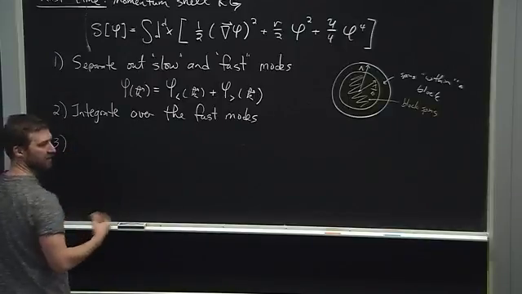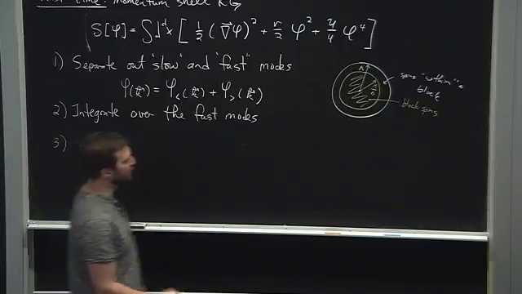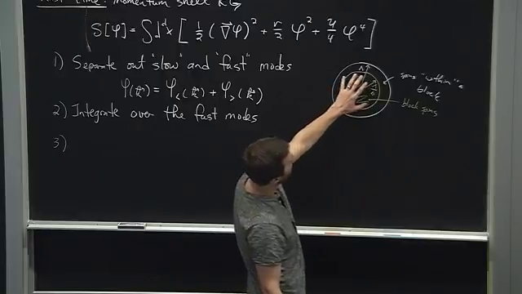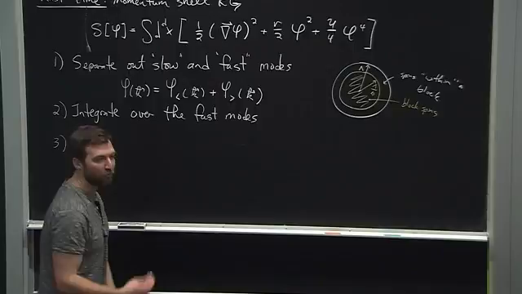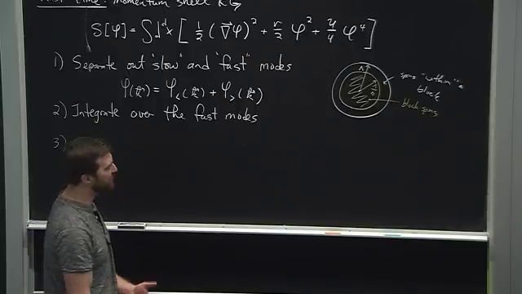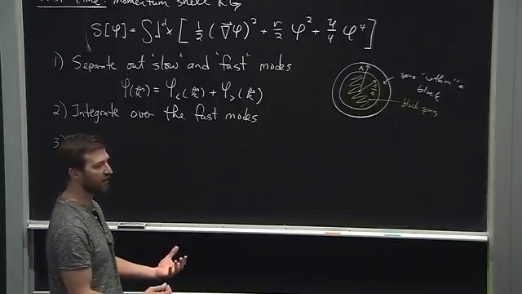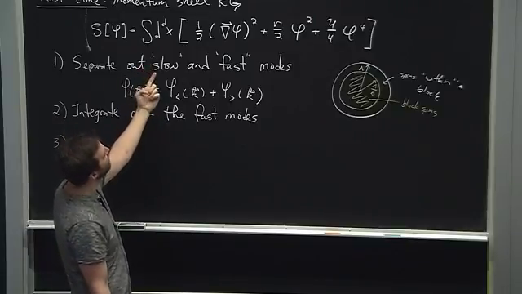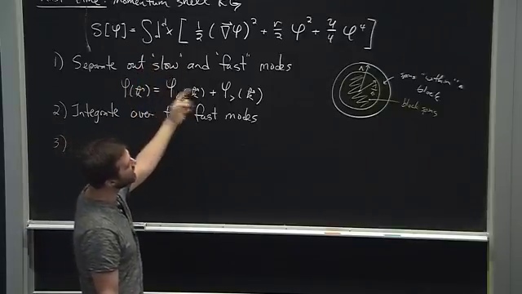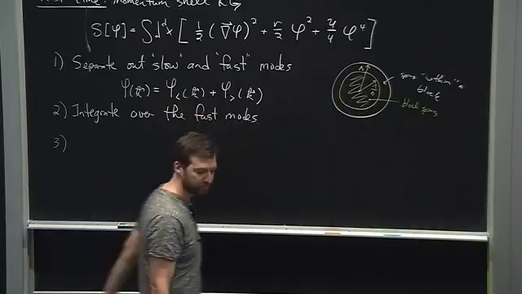And then we have to rescale. So we take our new degrees of freedom, which are contained within that inner sphere, and we rewrite the problem by rescaling everything so that our action looks self-similar to this action, but it only contains the degrees of freedom within there.